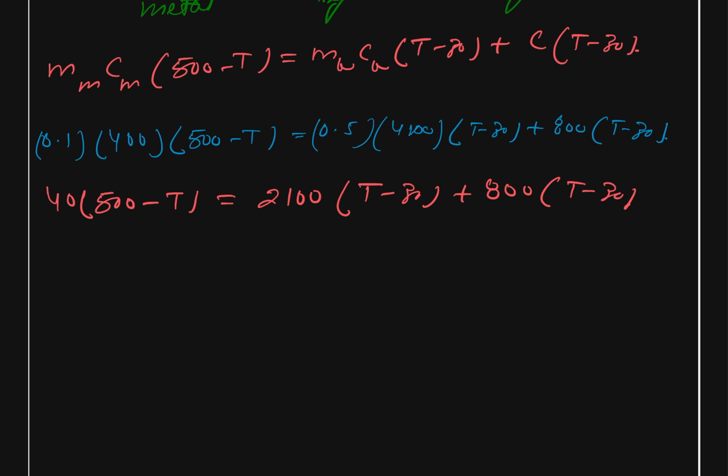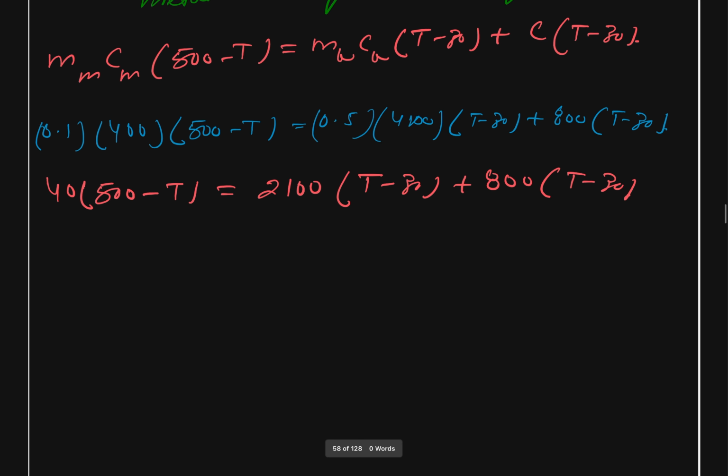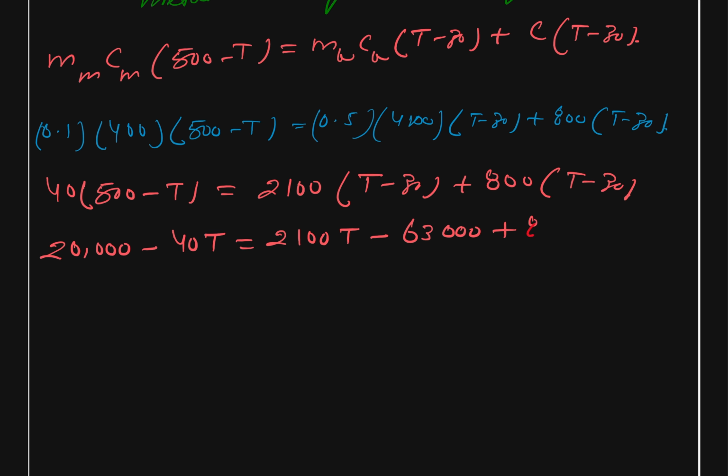We get 40 multiplied by 500, that is 20,000, minus 40T, is equal to 2100 times T minus 30, which will be 63,000, plus 800 times T minus 30, and this will be 24,000.